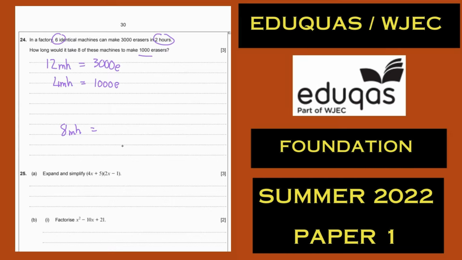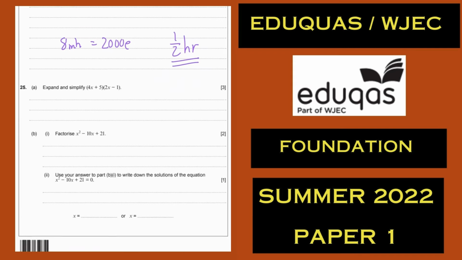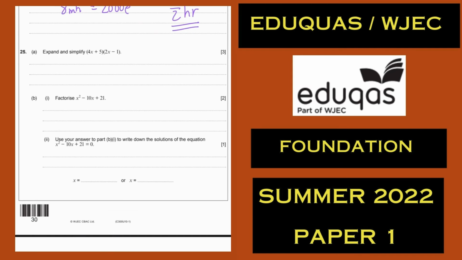We want them to produce half that much. We don't want 2,000 erasers. We want 1,000. So we need half as much time. We need half an hour. That's it, all 30 minutes. And that's your answer.